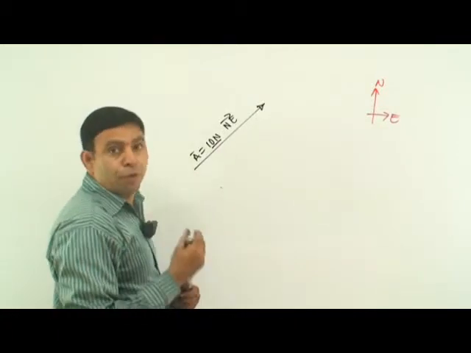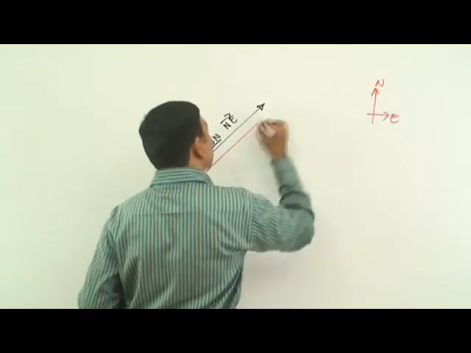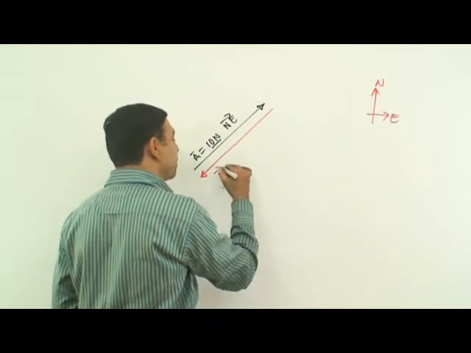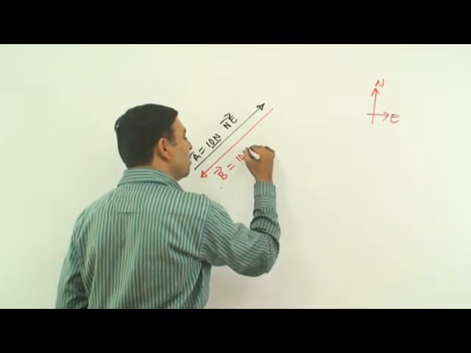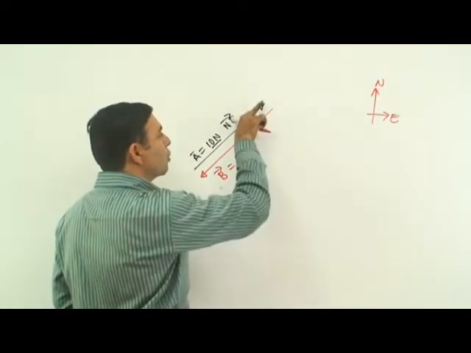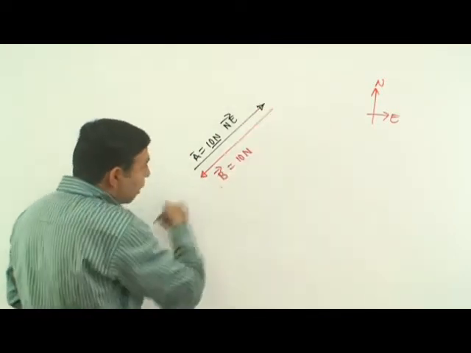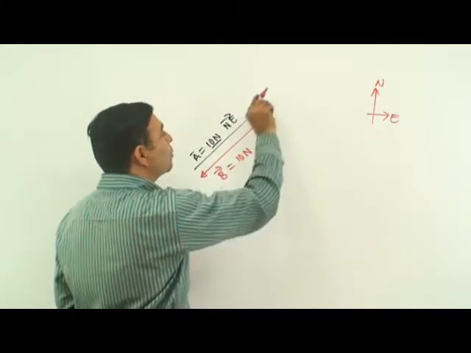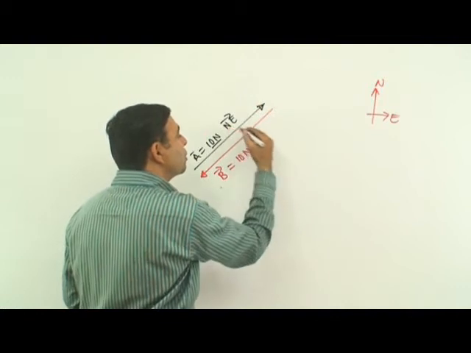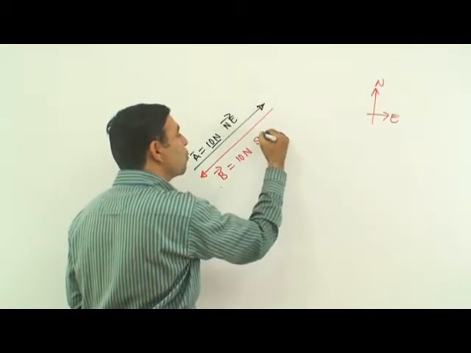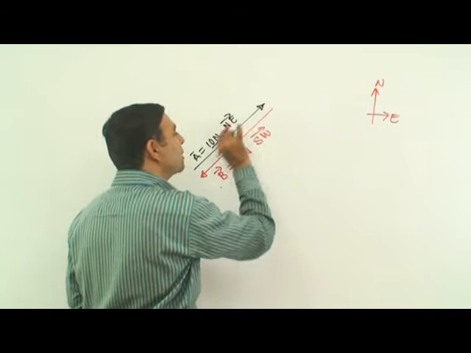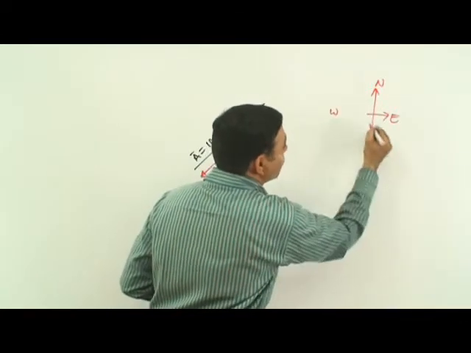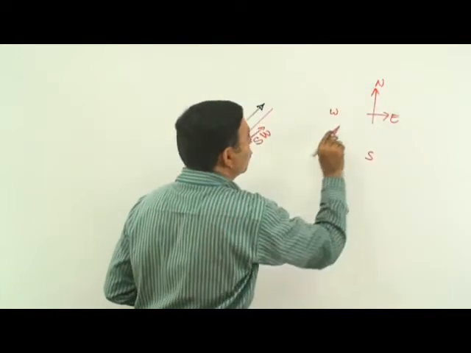Now if you consider another vector which is having same magnitude as that of A, say magnitude of this vector B is also 10 Newton, but it's not towards northeast, rather it is towards southwest, exactly opposite to northeast, opposite to north, south, opposite to east, west. So opposite to northeast will be southwest. So this direction, southwest direction, this is west and this is southward, this is southwest, northeast, southwest.